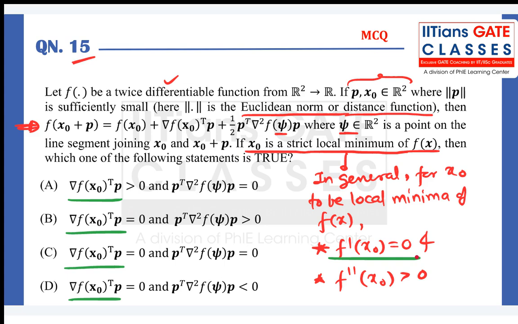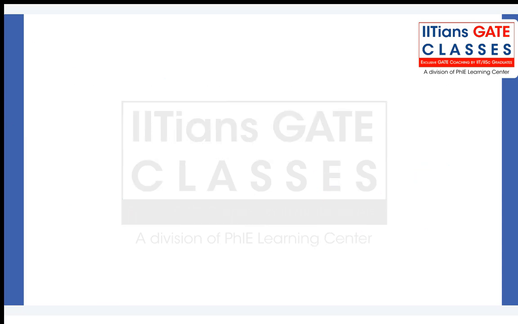So basically, if you don't know anything, in that case, this grad f of x naught transpose p resembles f dash of x naught, and it should be 0.